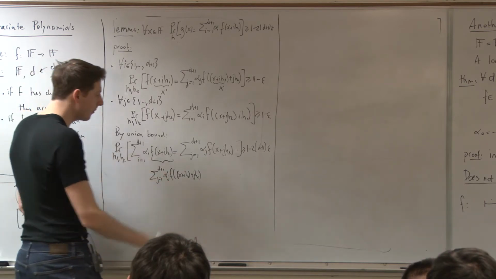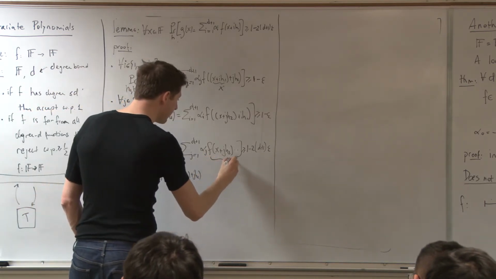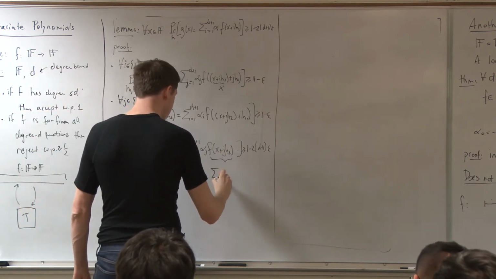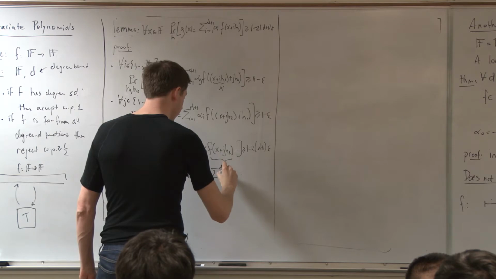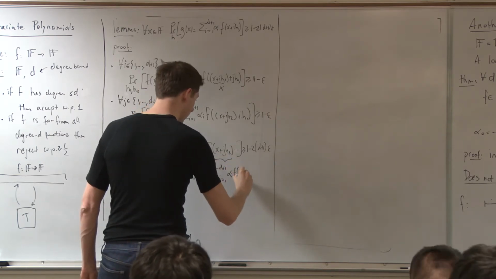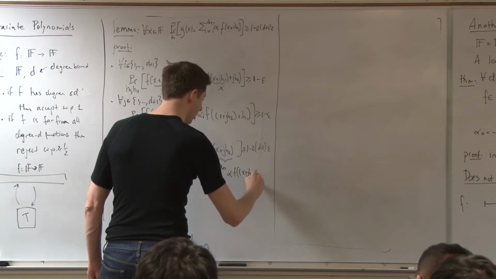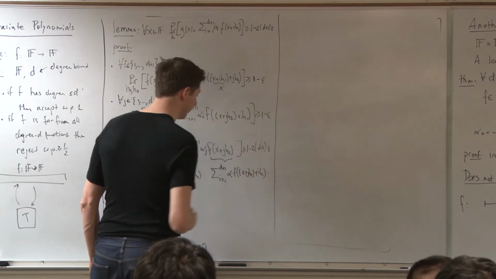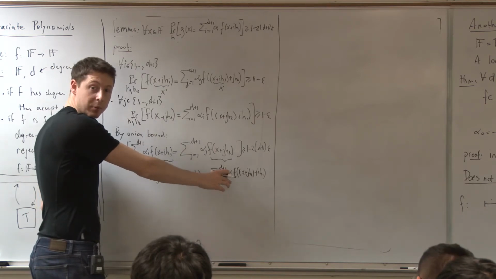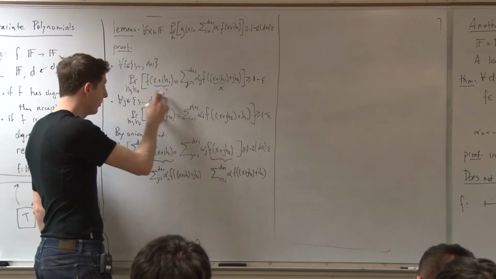On this side, I can also open up the sum from i equals 1 to d plus 1 of alpha i f of x plus jh2 plus ih1, paying d plus 1 union bounds from the same second expression.